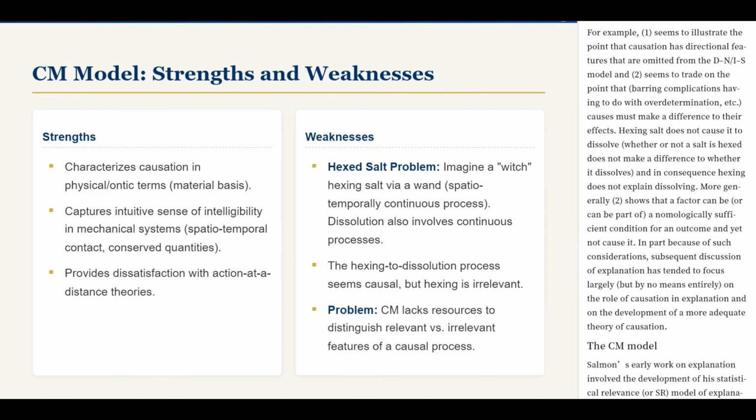As we know, the hexing is irrelevant. The problem is, Salmon's model, focused on the physical process, doesn't easily distinguish between features of a process that matter and those that don't. It seems to need something else, perhaps something like the laws or generalizations that tell us how the outcome depends on specific aspects of the process, not just that a process occurred.